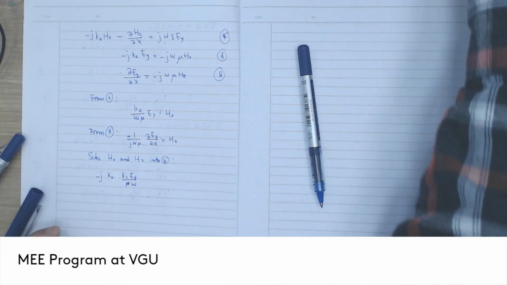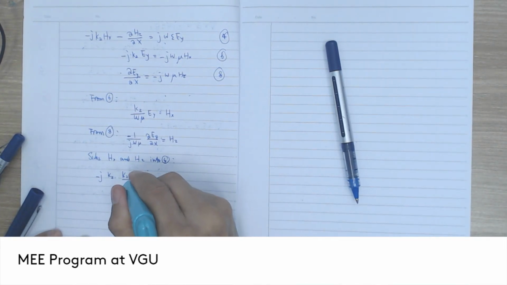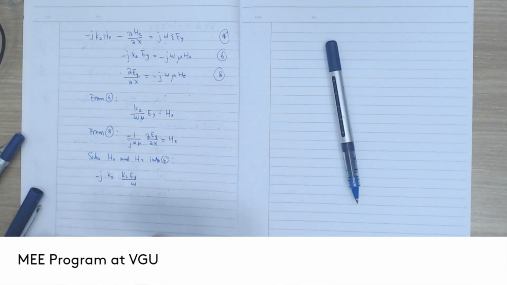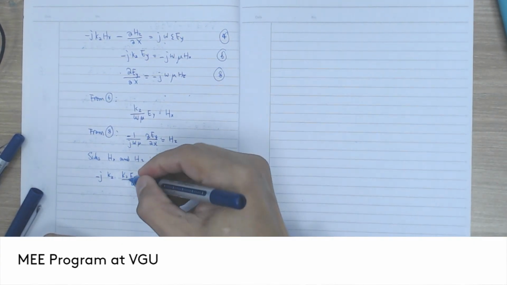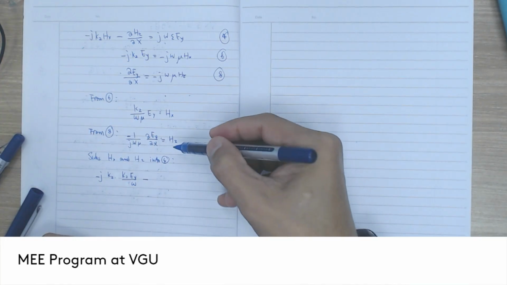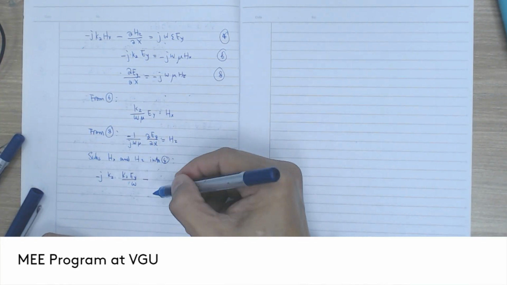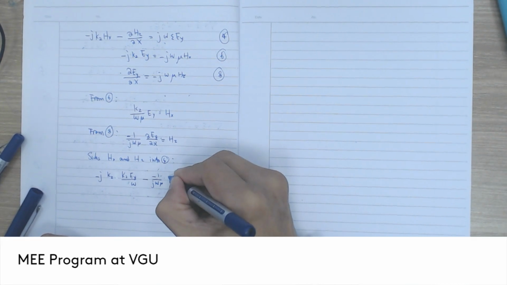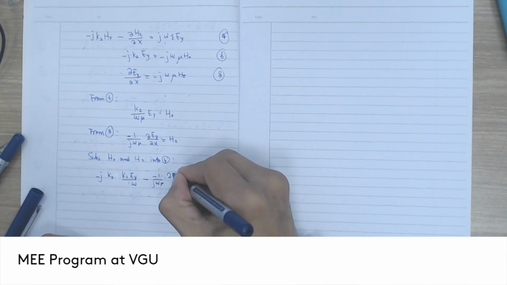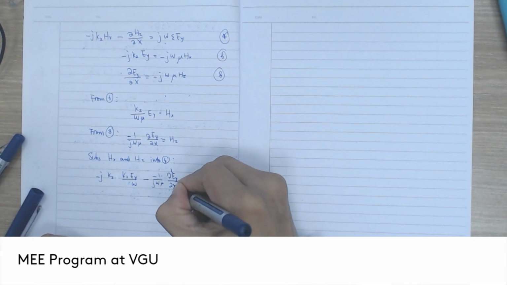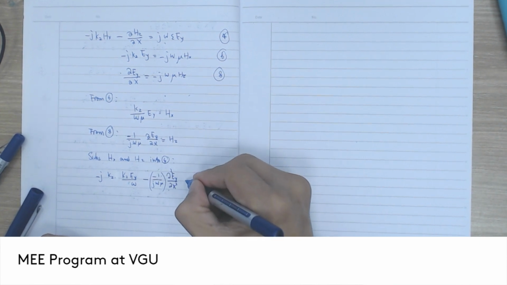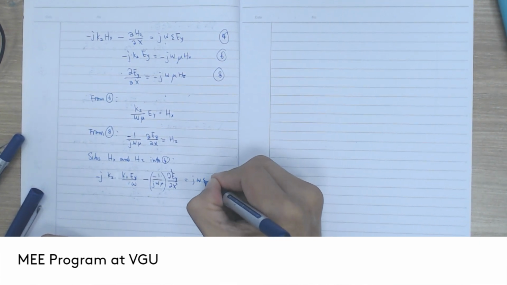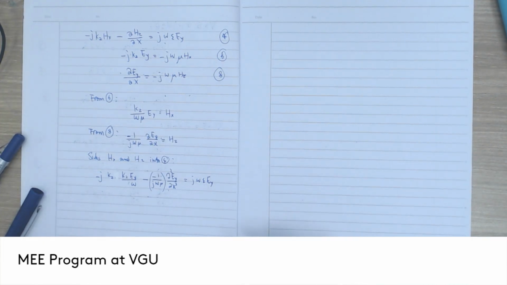Okay, it's not very clear. Omega and minus h is there, so it's minus j omega mu, and then partial x squared. So this is what we can get, and here we just rewrite it. So this is the rewritten equation of equation 4.